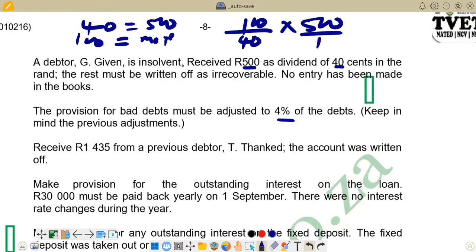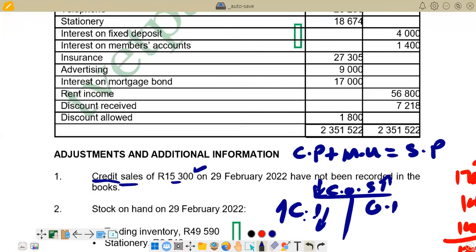You get 1,250. So this is the amount that is also going to reduce the debtors control figure. So the debtors control figure is going to be increased by the 15,300 that was omitted, and then reduced by that 1,250.